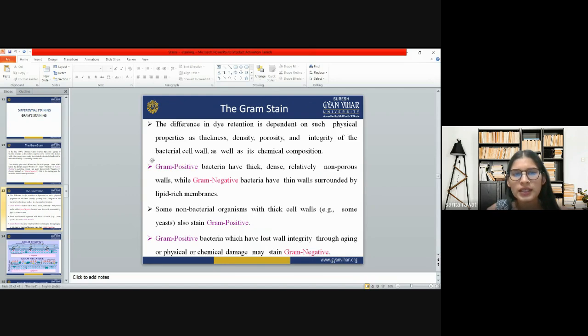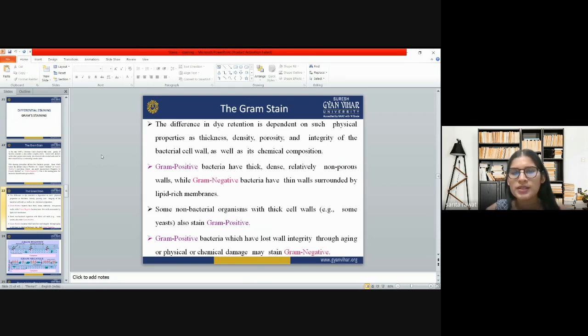Now, Gram staining. The difference in dye retention is dependent on such physical properties as thickness, density, porosity, and integrity of the bacterial cell wall, as well as its chemical composition.